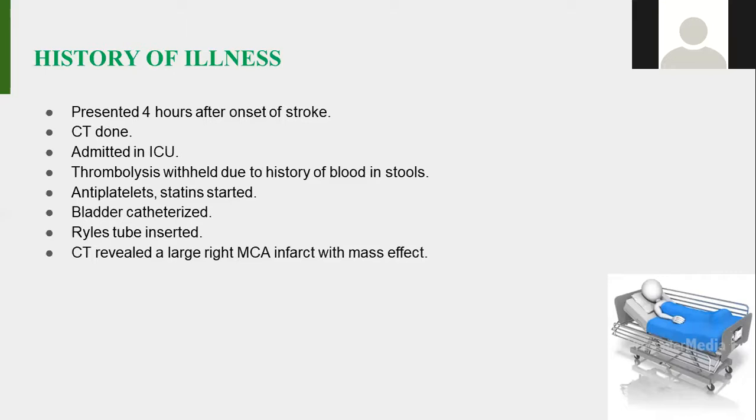They withheld thrombolysis because he had a history of blood in the stools. And they started antiplatelets and statins. His bladder was catheterized, a Ryle's tube was inserted, and CT revealed an infarct, which was right-sided, and there was mass effect, the midline shift.